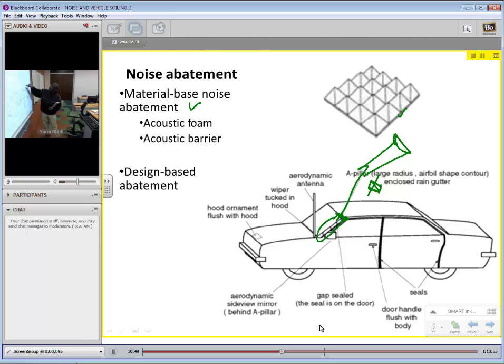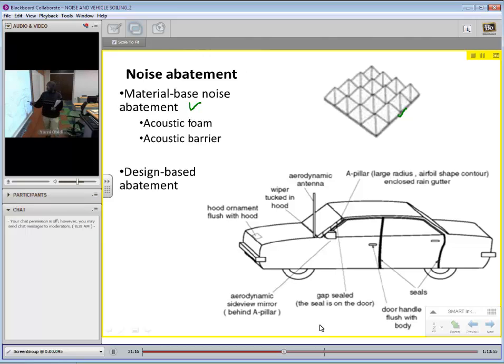You want something like that rather than something like that. Okay, this is preferred, and so that will be the form for the A-pillar, and one enclosed rain gutter in the design, so that there is no deflection of flow.